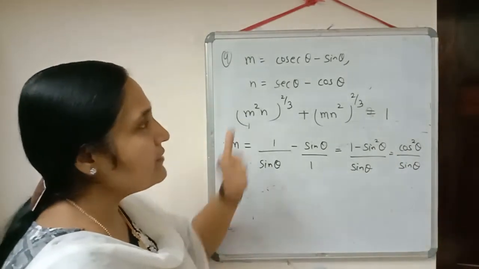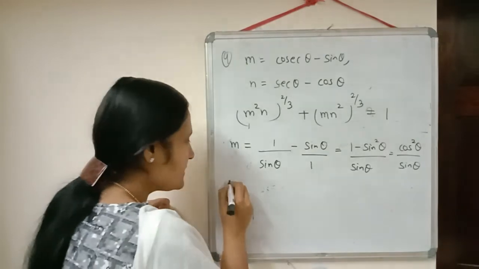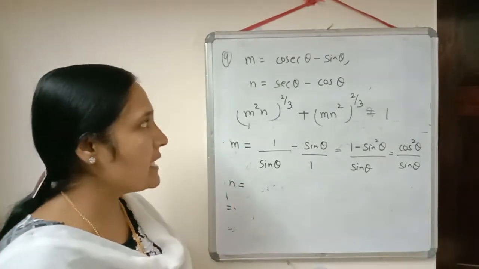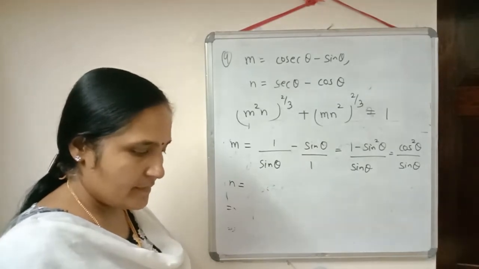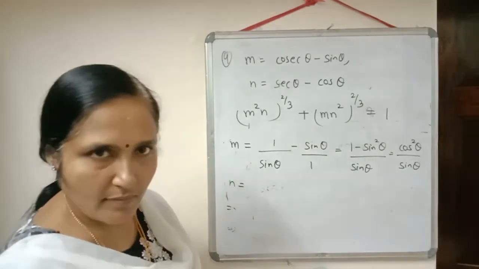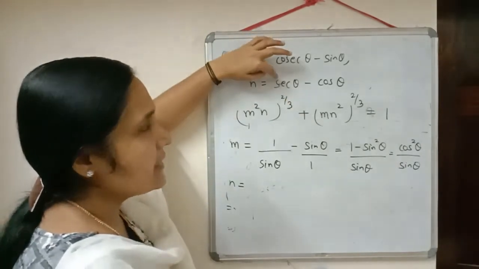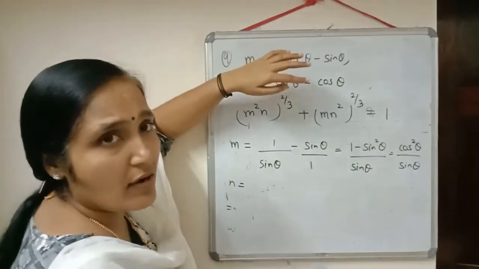In the same way, can you simplify n also? Just write down what will be the value of n. Again, sec theta can be written as 1 by cos theta.